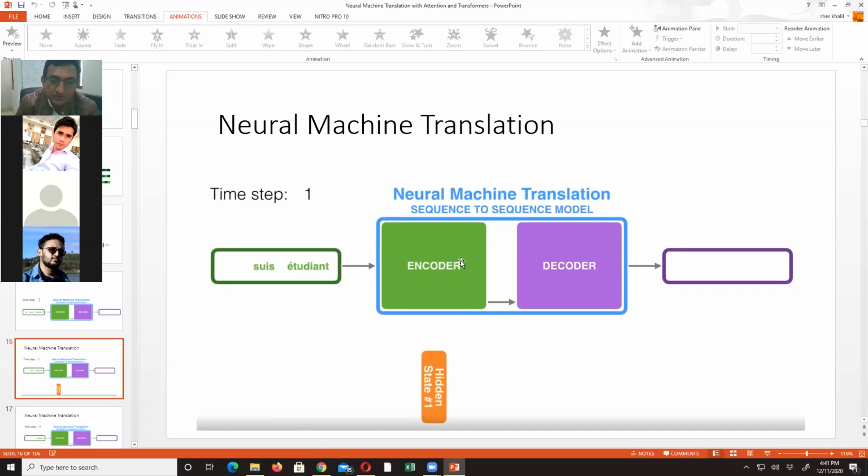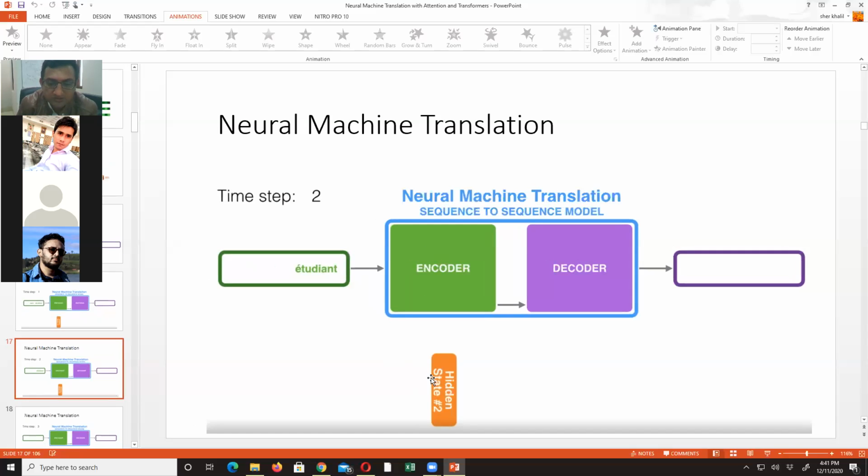So the first word we gave, it gave us hidden state one. Now at time step two, this hidden state one and the second word, these two will be sent to the RNN. It will give us hidden state two. Then at time step three, we'll give hidden state two and this input to get hidden state three.